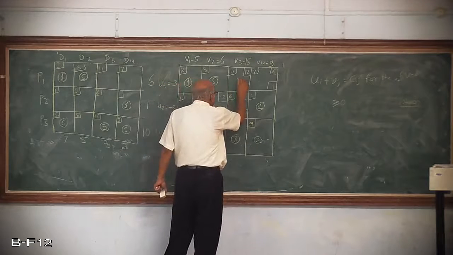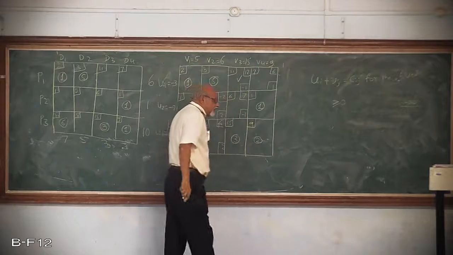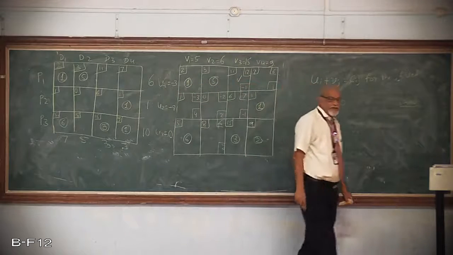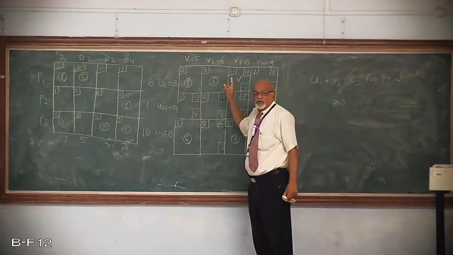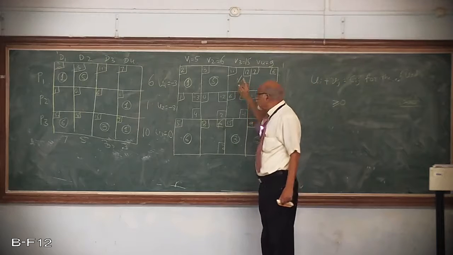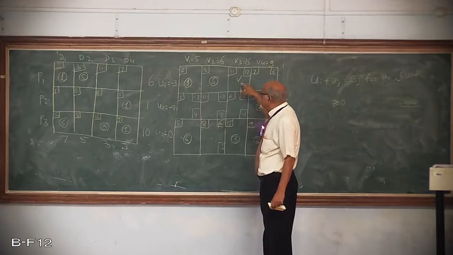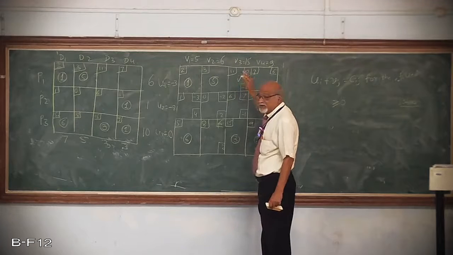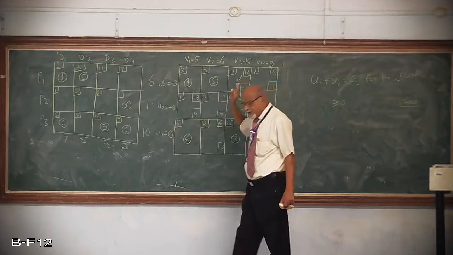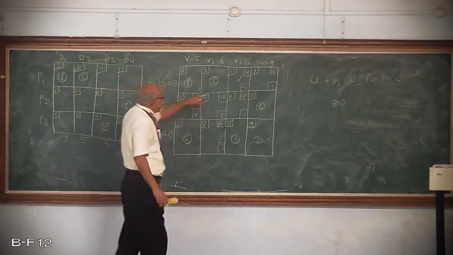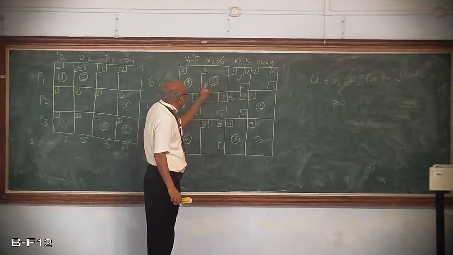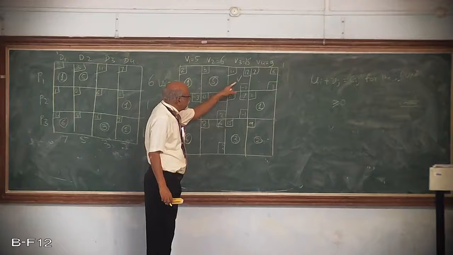Having selected, I'll mark it. That means this will become the entering variable. Some allocation has to be done, whether I am going to put 1 unit or 2 units, 2 million liters or 1 million, 3 millions, like that. That is to be found out now. The moment I have made this one allocated, instead of 6, it will become 7.